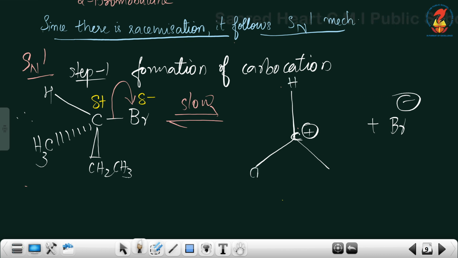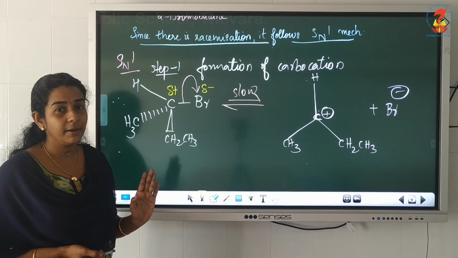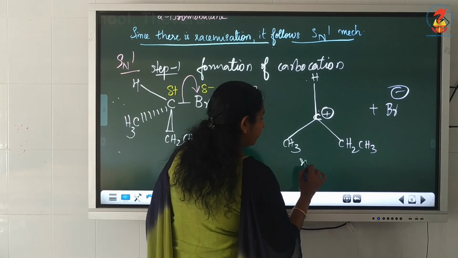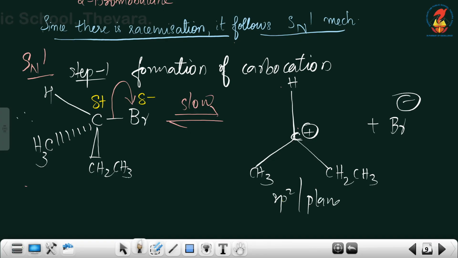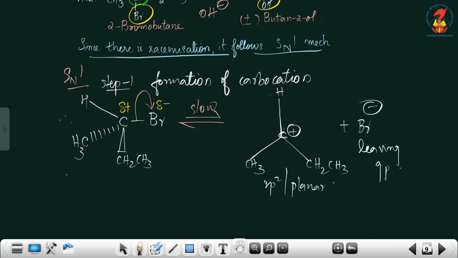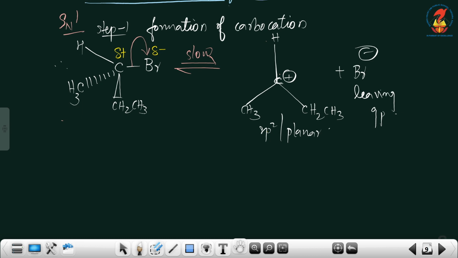One is hydrogen, one is methyl, and one is ethyl, CH2CH3, or we can write it as C2H5. But remember how to draw the three groups on this carbon. It is sp2 hybridized and planar. So all the bonds should be in the same plane. Br minus is known as the leaving group. Now the first step is complete. That means the formation of carbocation.